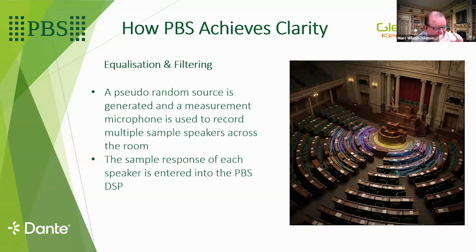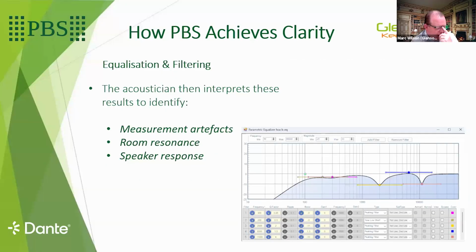A pseudo-random source is generated, and we create the measurements with the measurement microphone to record multiple sample positions across the room. This varies depending on the size and the locations, but there's a generic sample taken across the room, and we take this sample response from each speaker and enter this into the DSP of the PBS system.